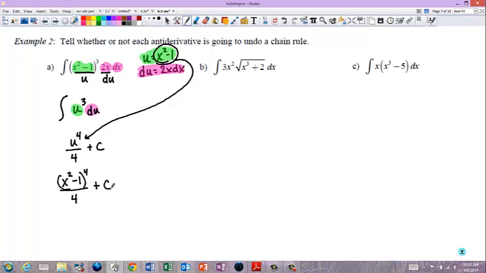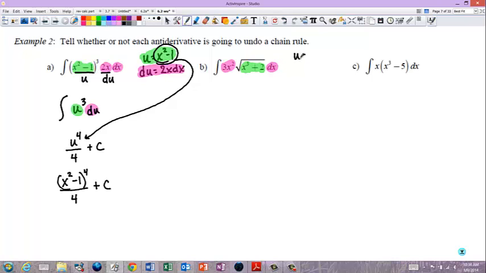Let's look at b. Do you see something that is the derivative of something else? Well, I'm going to still use green for my u and pink for my du. x cubed plus 2 has a derivative. The derivative of x cubed plus 2 is 3x squared dx. Okay?